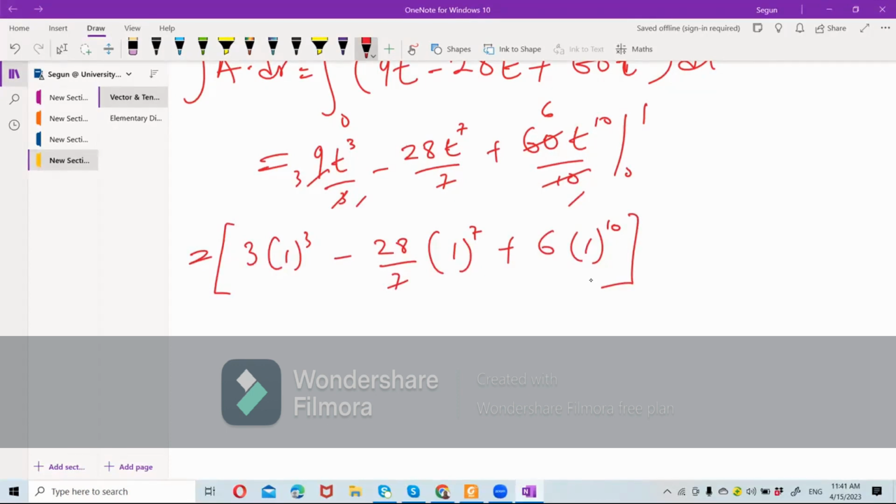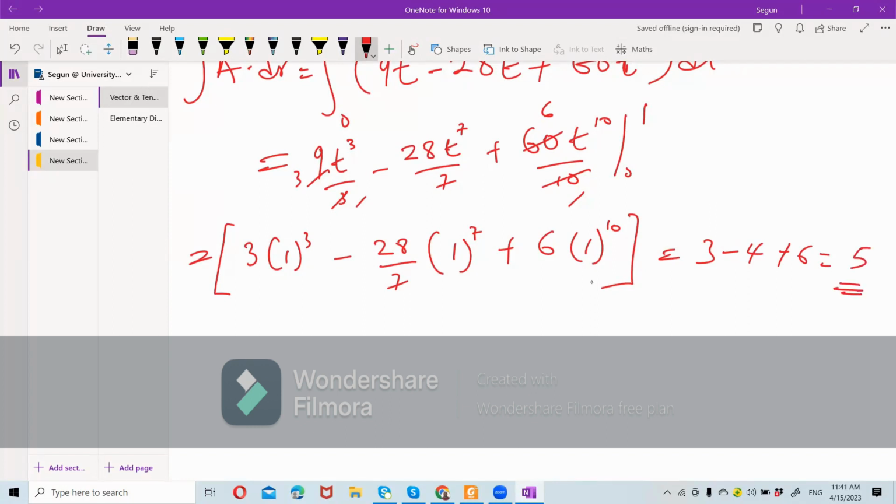So let's punch our calculator. You have 3 minus, how many 7 is in 28? 4. Minus 4 plus 6. What do you have? This is 5. That's the answer.